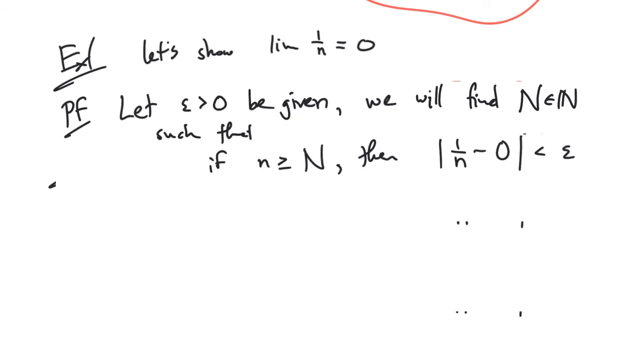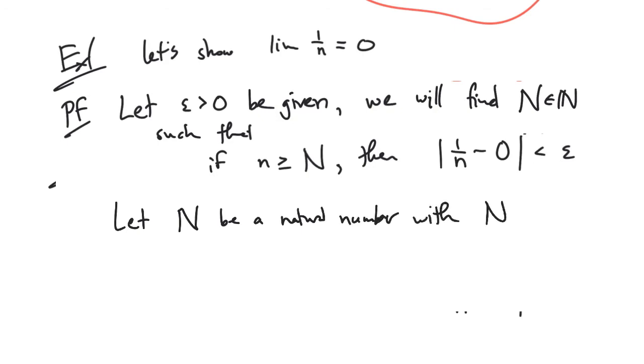And now, the next step of your proof is when you just say what the big N is. I'm going to say, let the big N be a natural number with big N greater than 1 over epsilon. Now, why exactly did I say that?